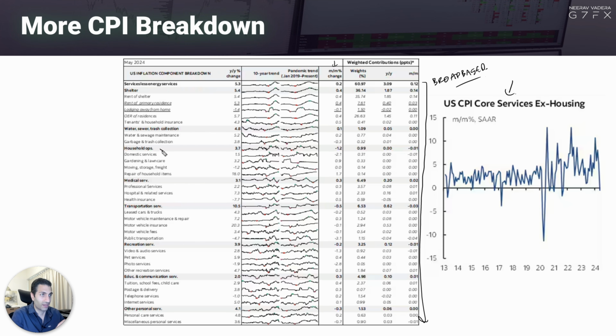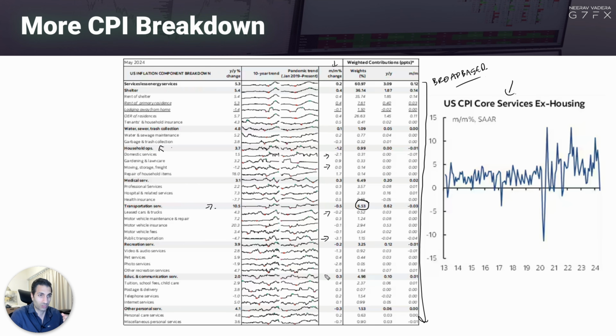So, household operations, things like domestic services coming down, gardening and lawn care still a little bit punchy, but moving, storage and freight quite flat. Transportation services, which is quite a big part of the basket, you can see leased cars and trucks cheaper, public transport cheaper.